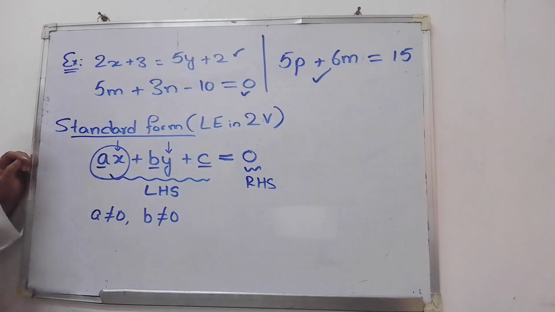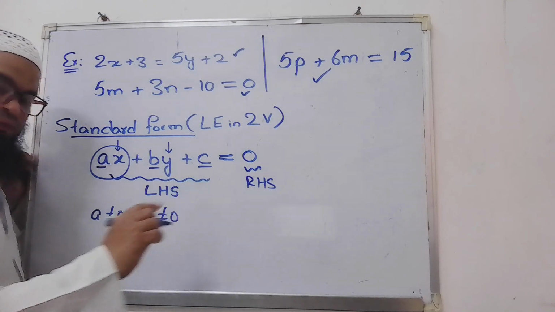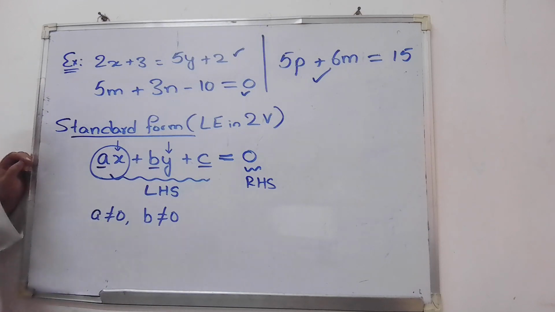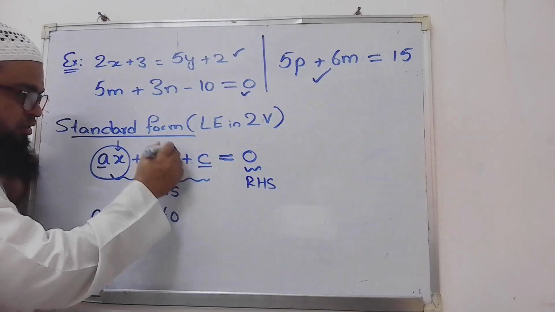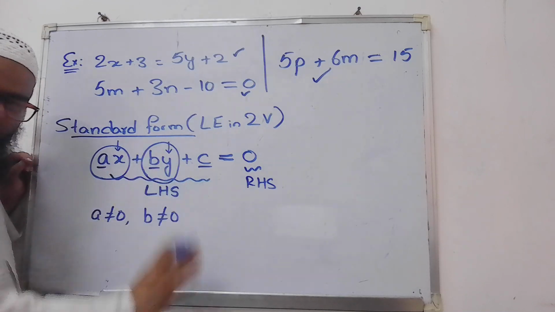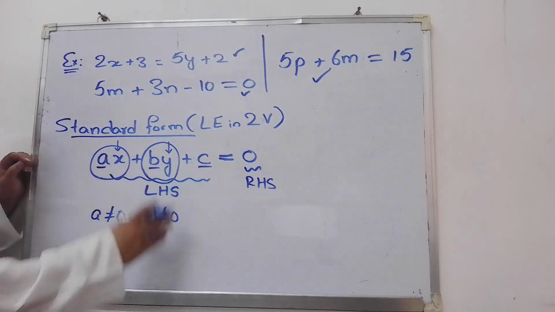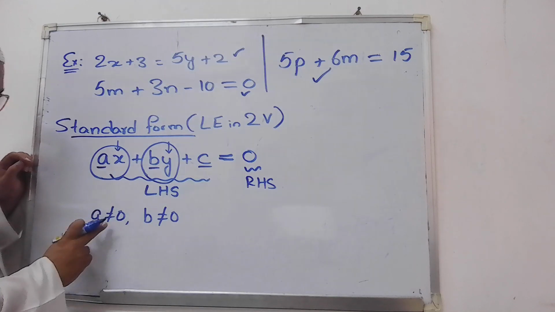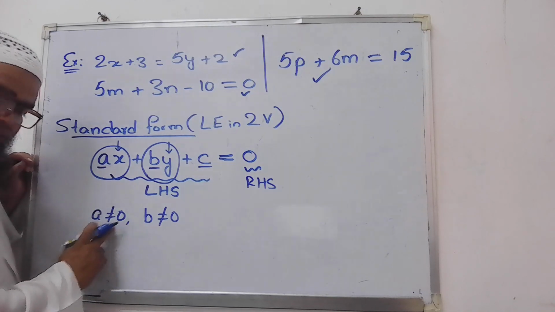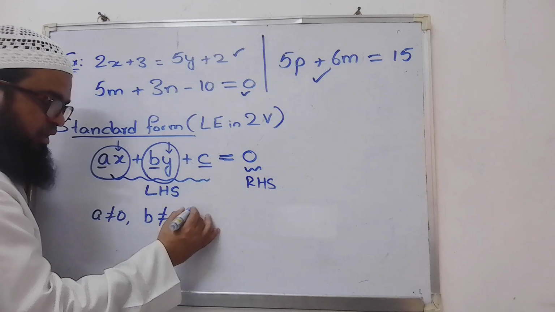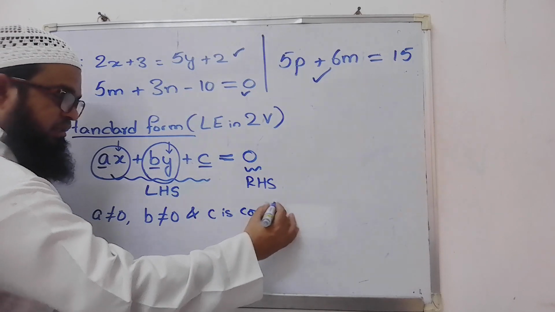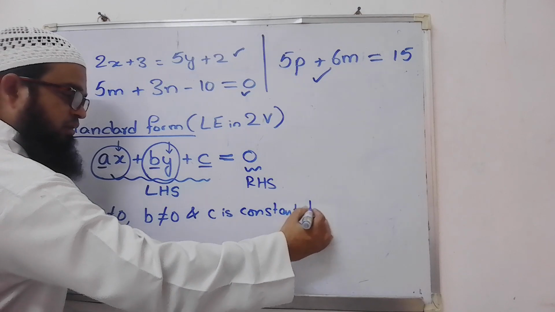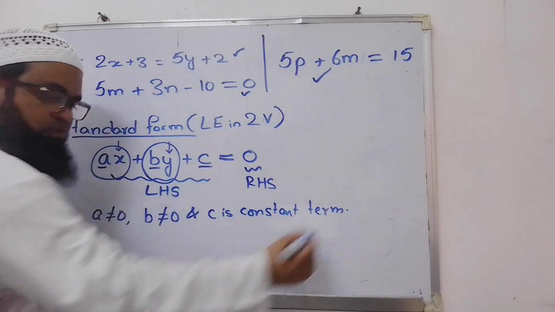Then it will be called a linear equation in one variable, because you have only y. In the same way, if I take b is equal to 0, then the term by will become 0. That is the reason we state that a is not equal to 0 and b is not equal to 0. And c is a constant term. Do you understand, my dear students?